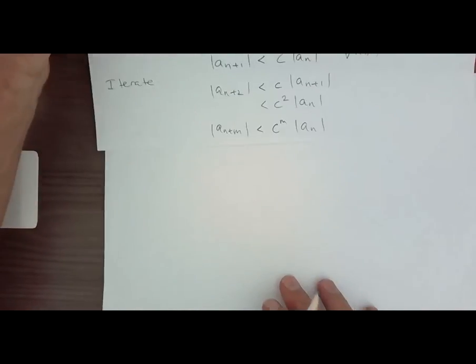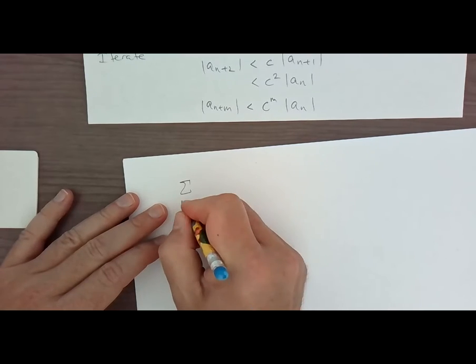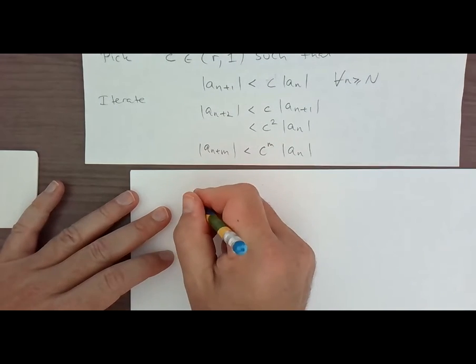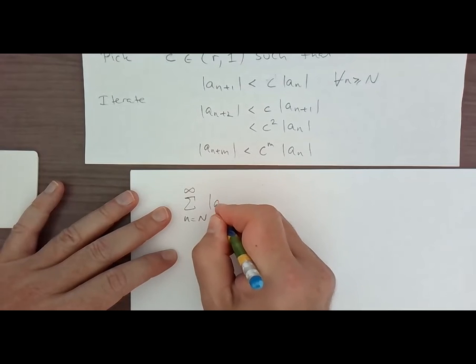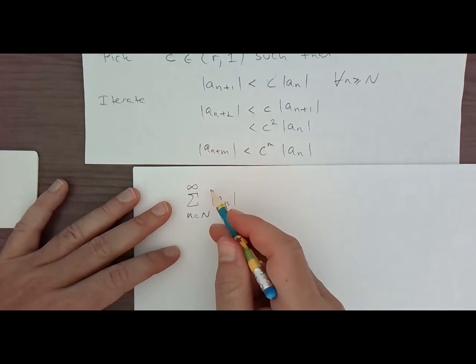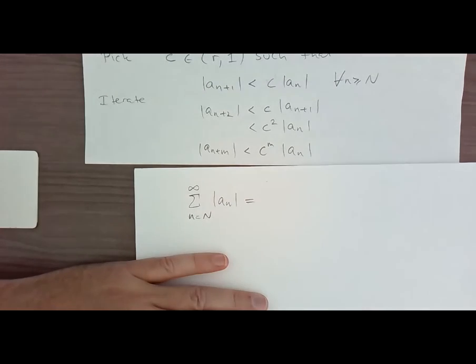Then I'll stick it into the sum, after all that's what I'm trying to prove. I would then say the sum, say from capital N, that's the lower bound I have up here, of a_n. Again, there's no problem in this limit because these are all positive. And I'll do a little substitution.